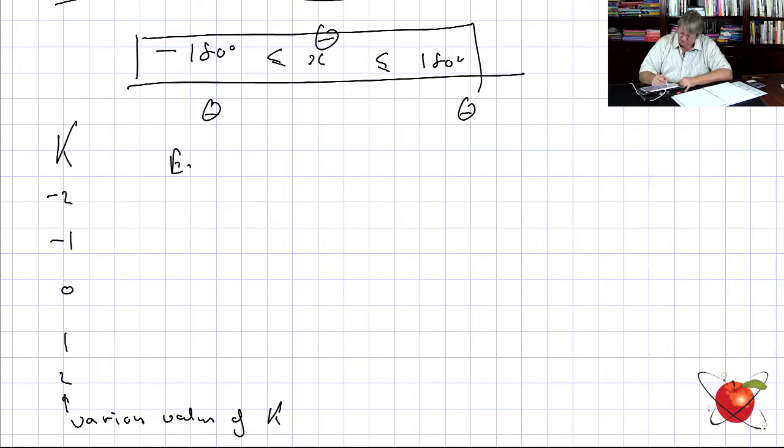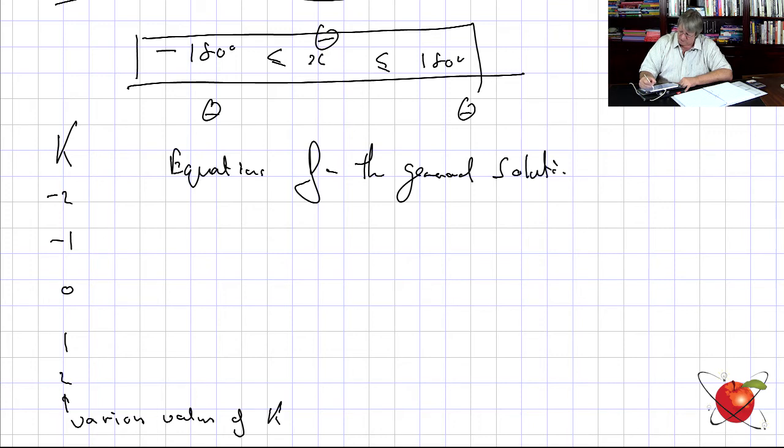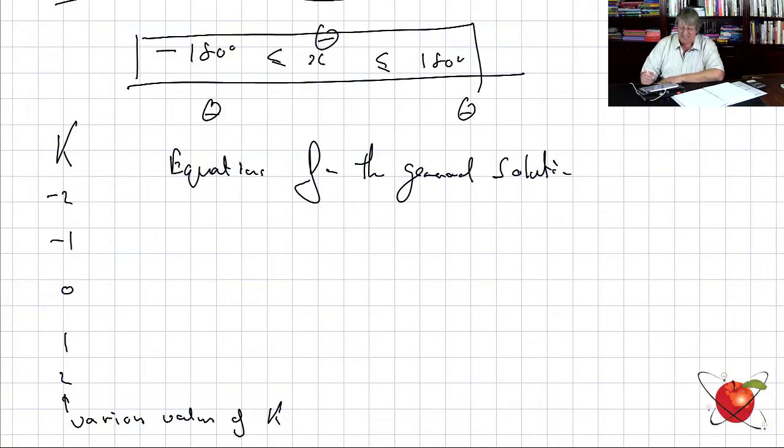In here, we've got the equation for the general solution. That's the equation for the general solution. Remember, you can have a plus RA, plus 360, and a minus RA, plus 360, or whatever it is. Then you apply k to it, and you get answers in here. All right? You get values.